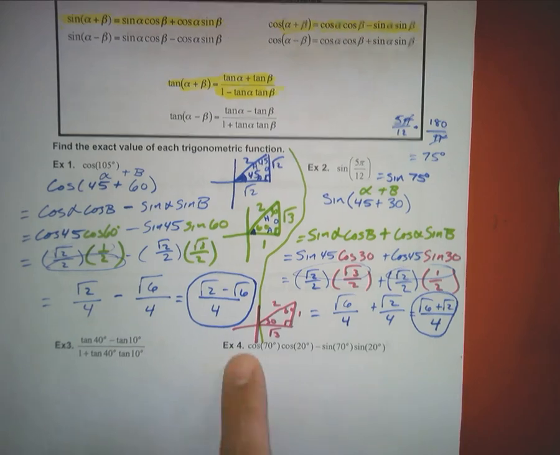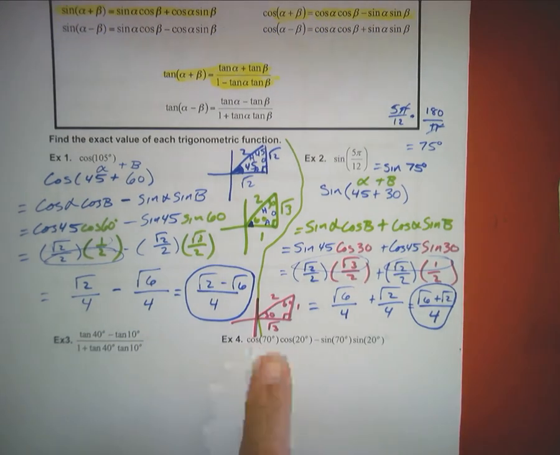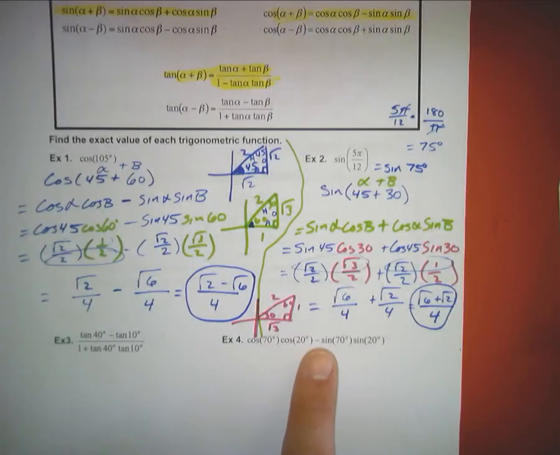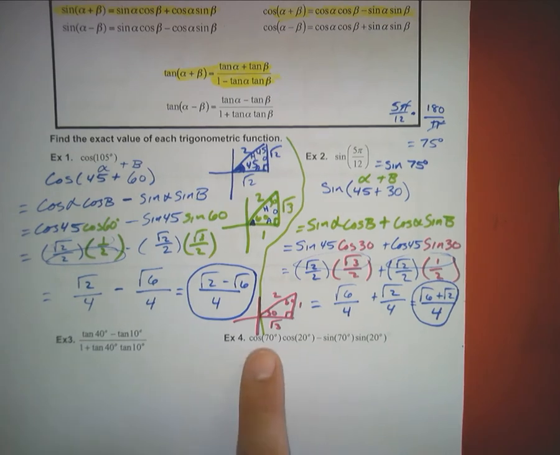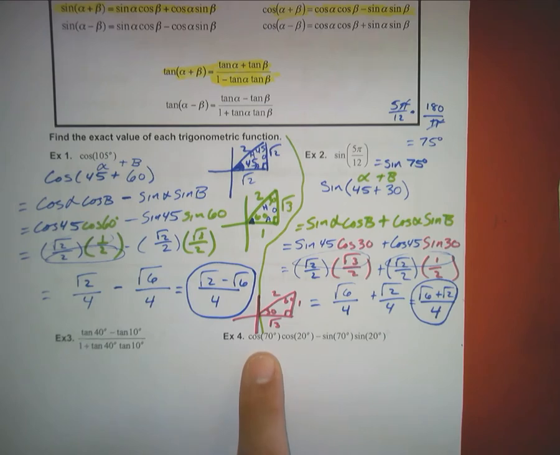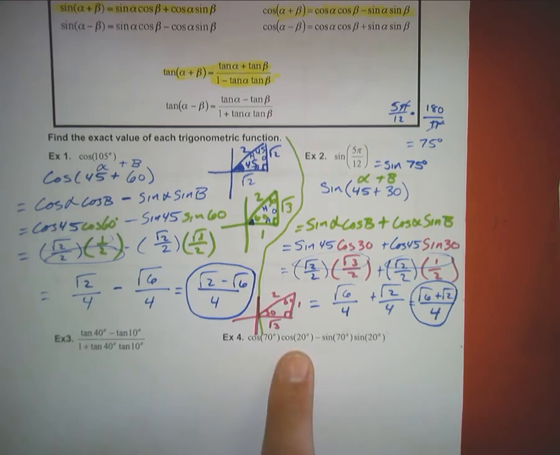So when I look at example 4, I've got the cosine of 70, cosine of 20, minus the sine of 70, sine of 20. Again, we're trying to come up with an exact value, but I don't know what the cosine of 70 and the cosine of 20 is.